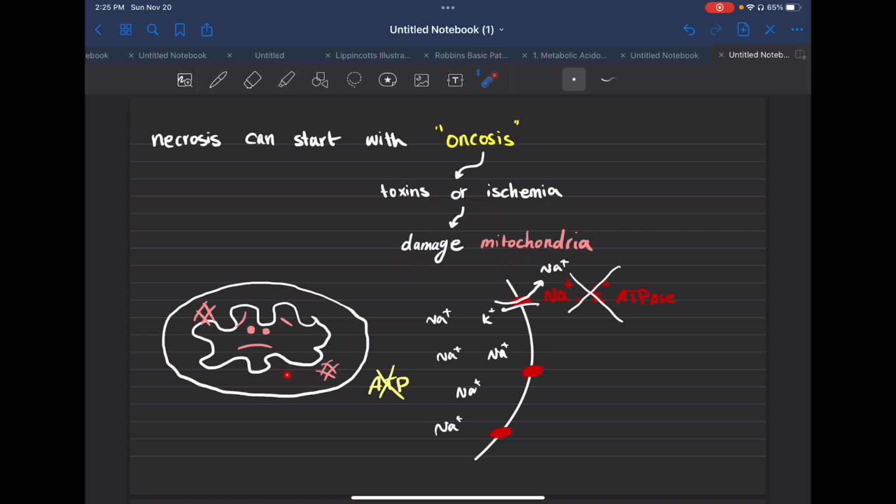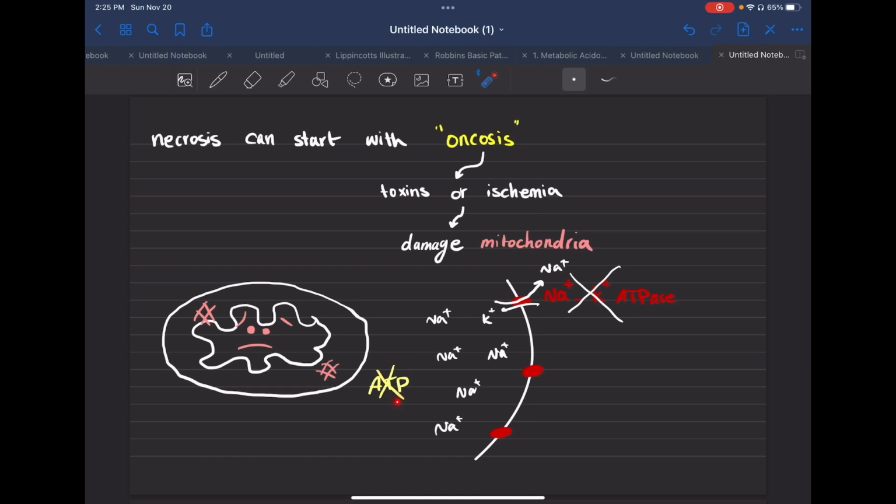This is my mitochondria. When toxins or ischemia damage the mitochondria, it is not able to produce ATP anymore. And in the cell membrane, we have something called sodium potassium ATPase. Because it's an ATPase, it's a pump, so it needs ATP. Its job is to pump sodium ions out of the cell and potassium ions into the cell.